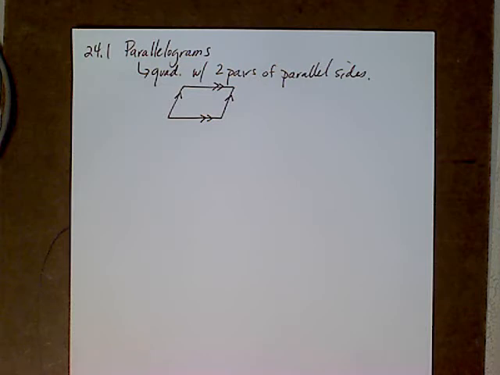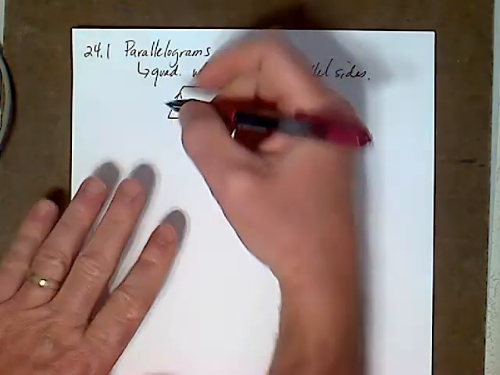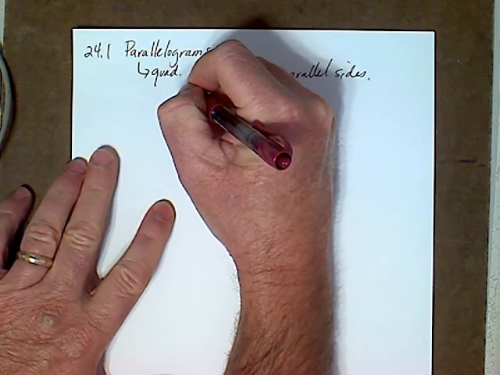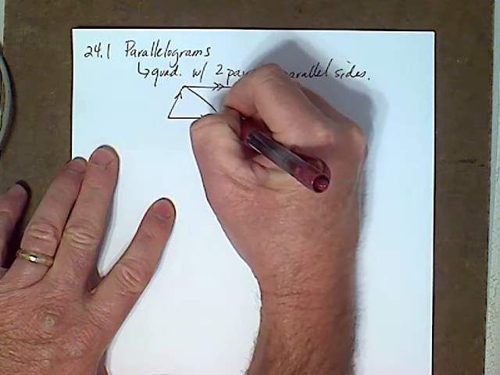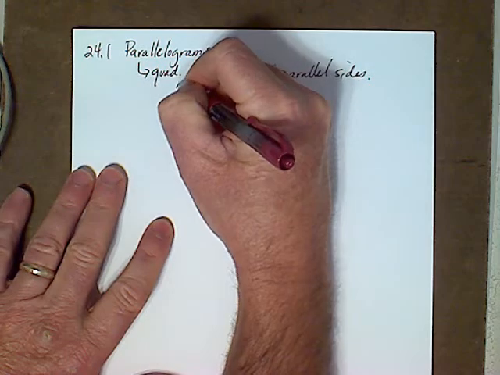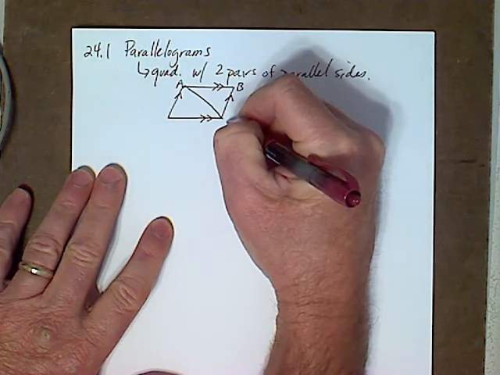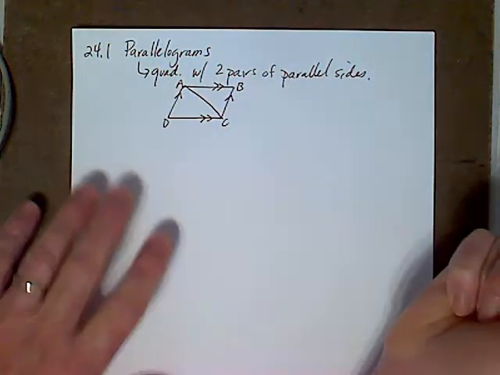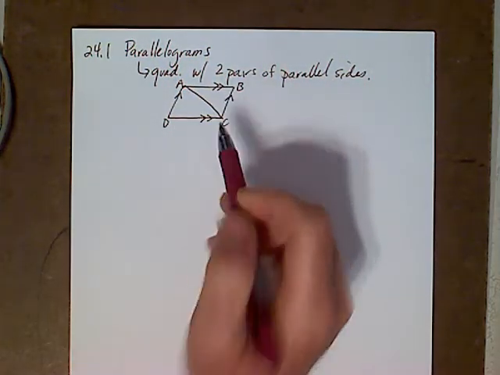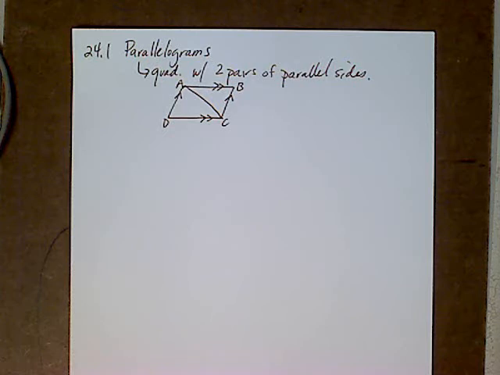Now you can draw a diagonal in from corner to corner, so this would be considered a diagonal. Let's put some labels here too. This is quadrilateral ABCD. I'm telling you it is a parallelogram based on the parallel sides, so that's parallelogram ABCD.